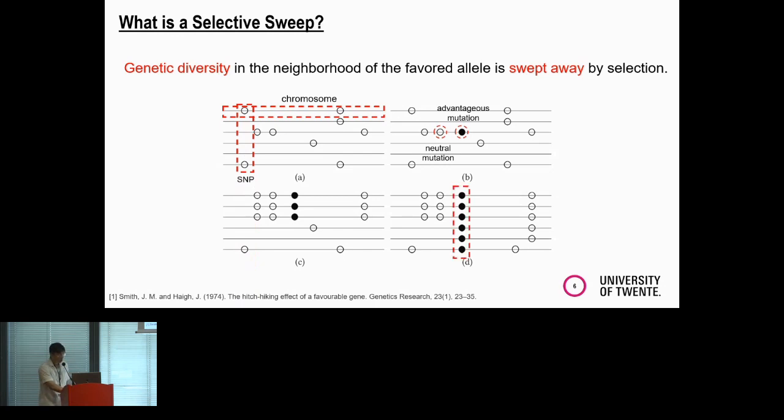When these advantageous mutations occur in this population, they will spread very fast and finally dominate this population over generations. And because of the selective sweep, the genetic diversity in the neighborhood of this favored allele is also decreased.